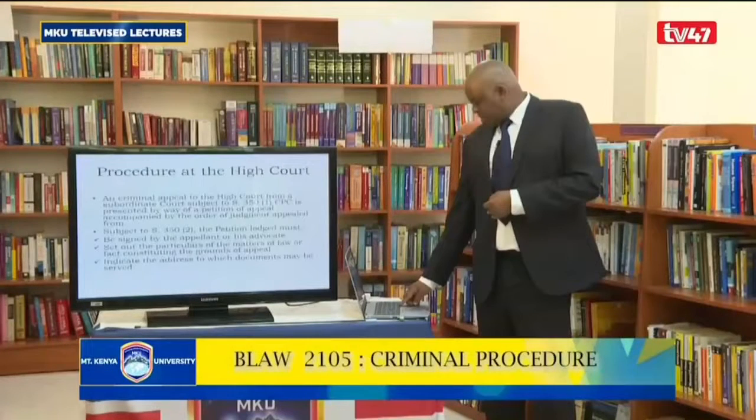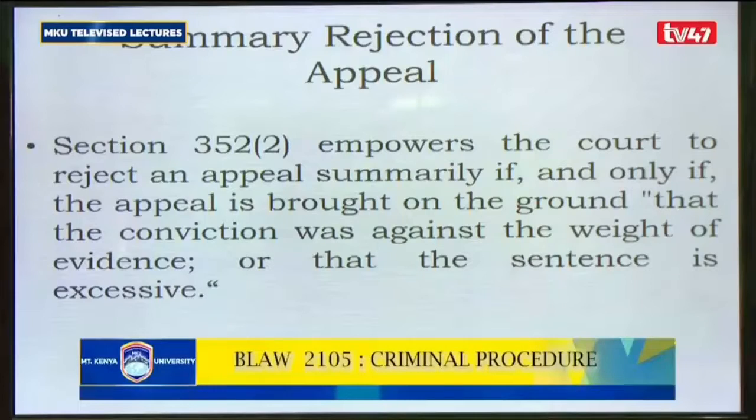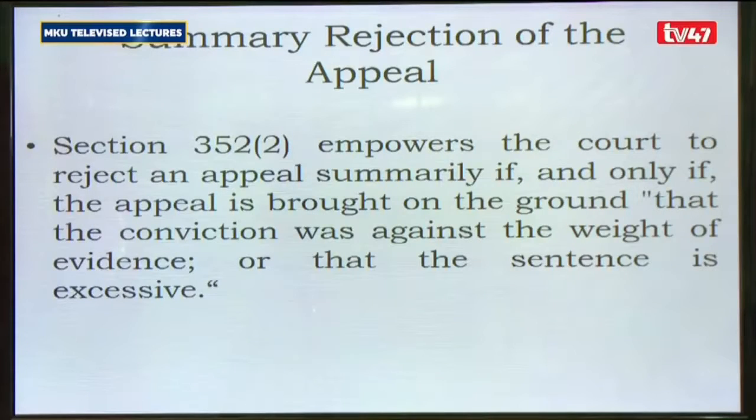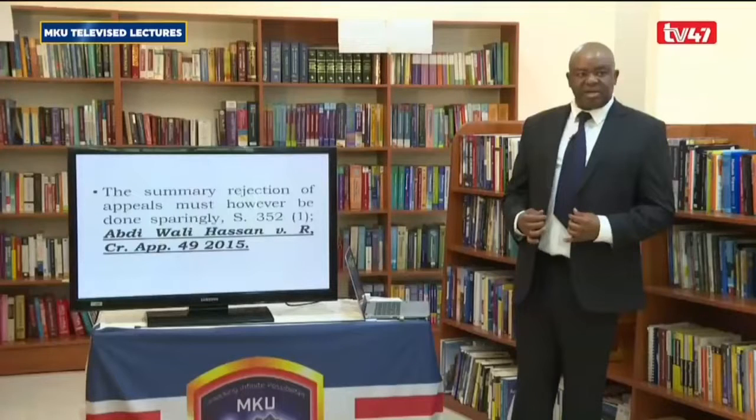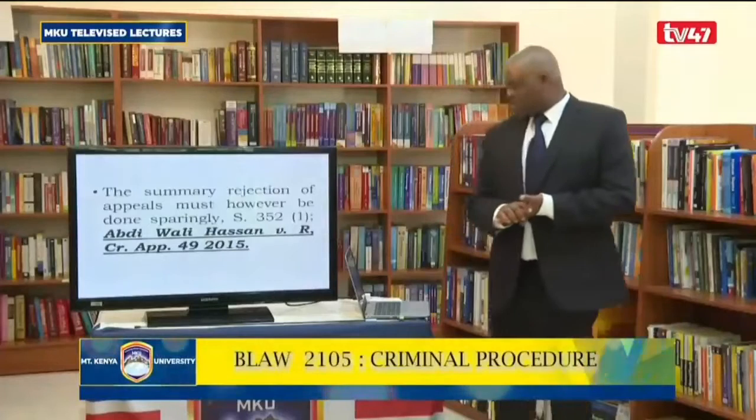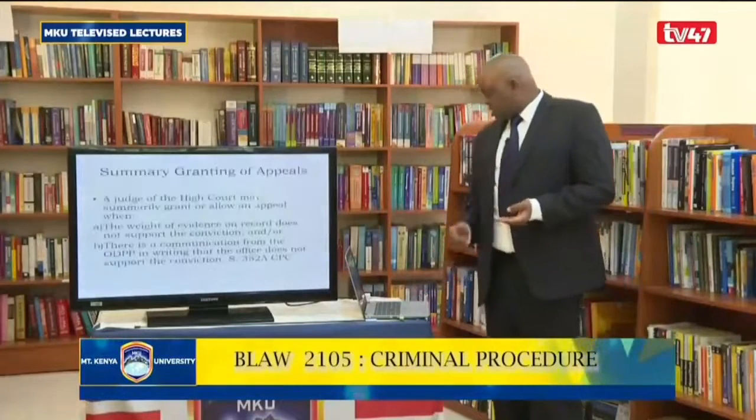Now, in the procedure for the appeal itself, the court may also summarily reject the appeal under section 352(2) of the CPC if the appeal is brought on the ground that the conviction was against the weight of evidence and that the sentence is excessive. And this, of course, ordinarily under section 352 subsection 1 must be done sparingly. You look at the case of Abdi Wali Hassan versus Republic, criminal appeal number 49 of 2015.